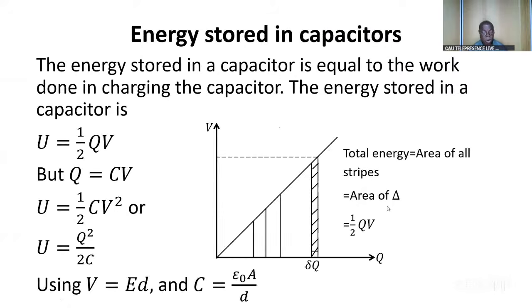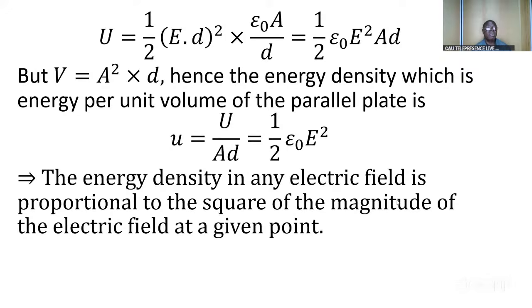Then don't forget what I wrote there. Your C, the capacitance, is equal to epsilon naught, the permittivity of that material, times the area, divided by the distance between the plates, and you can get your energy. In terms of your electric field, don't forget we substituted ED.